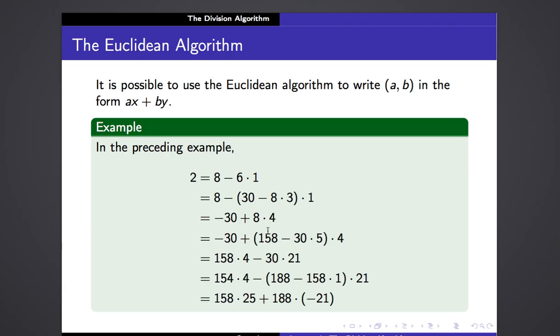It is possible to use the Euclidean algorithm to write the greatest common divisor of a and b in the form ax plus by. Basically, what it tells us is that we can solve the equation ax plus by equals the greatest common divisor of a and b.